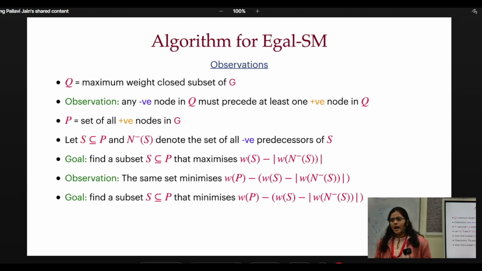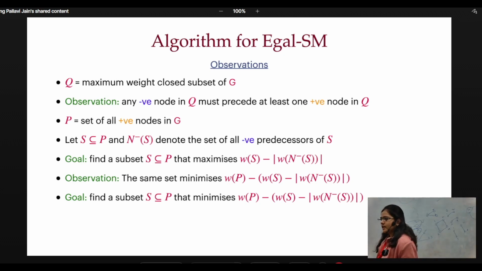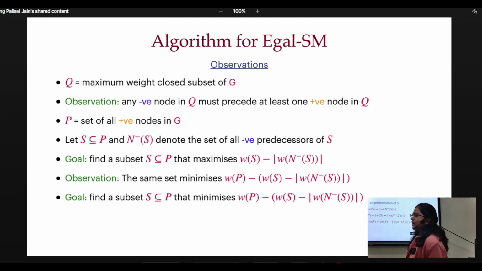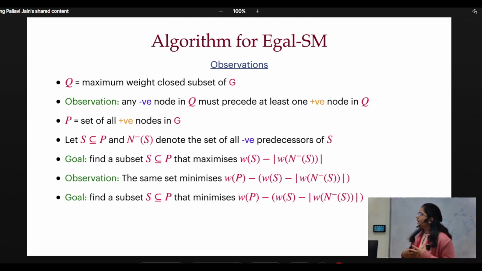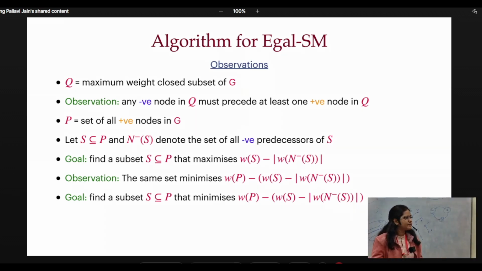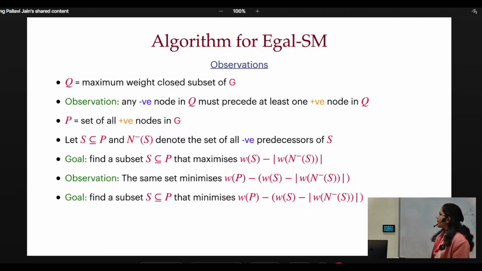You see how we are changing the goal as per our convenience, what is doable. We had some goal, then we look at whether we can reduce it to something easy to solve.